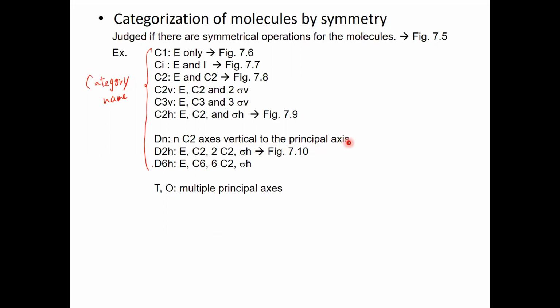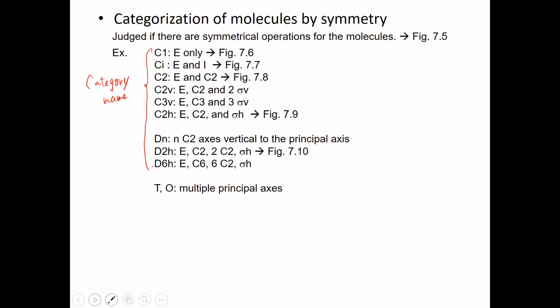So you have several symmetrical axes in the molecule. One of the complicated molecules, like in the group name D2h, you have E and C2 and 2 times C2, and also the sigma h operation.